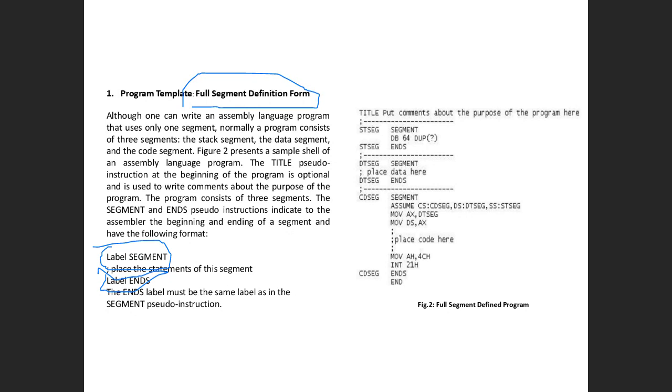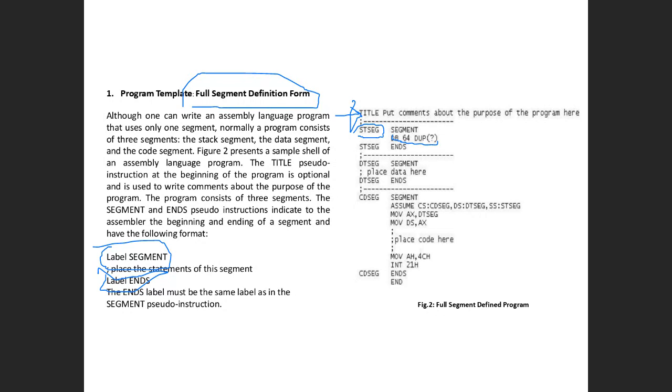For example, at the beginning we write the title. Title is the same as in the simplified segment, we also use some title. And then for the stack segment, we write the name. The label is, for example, STSEG. You can write any name. And then we write SEGMENT, and then we write something here like DB 64 DUP. What does it mean? I will explain it later.